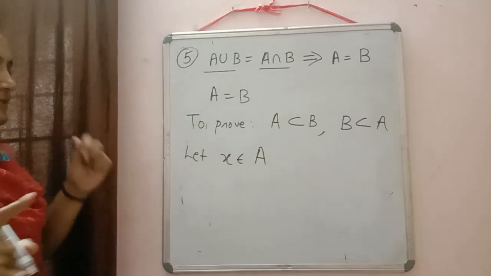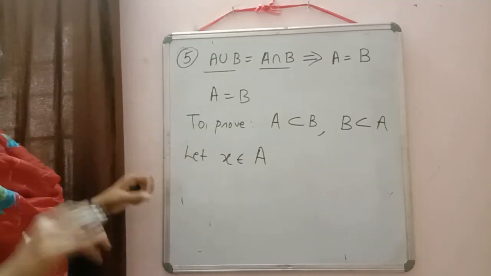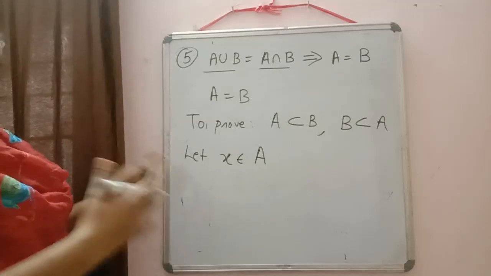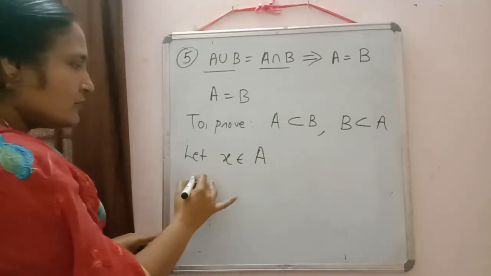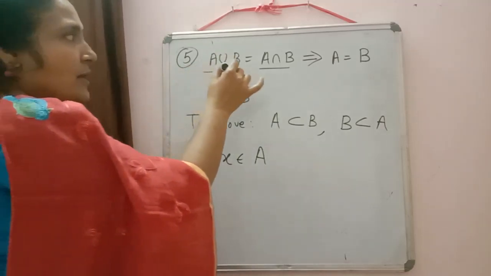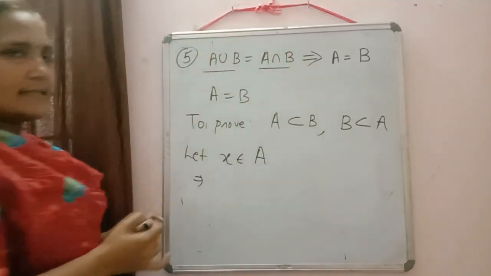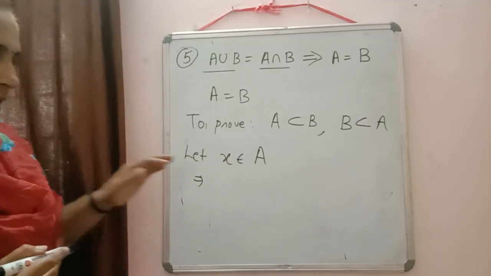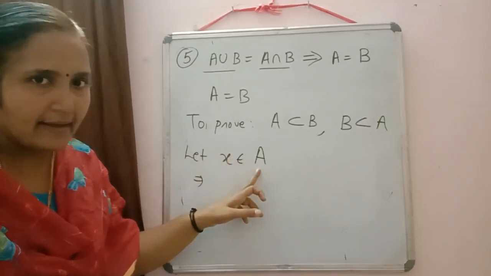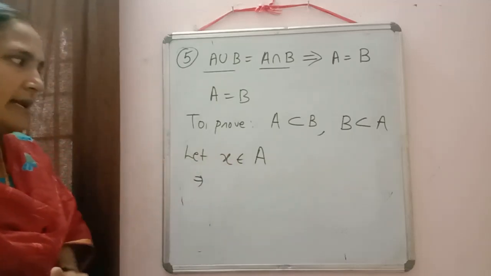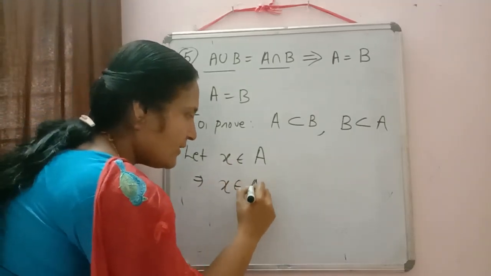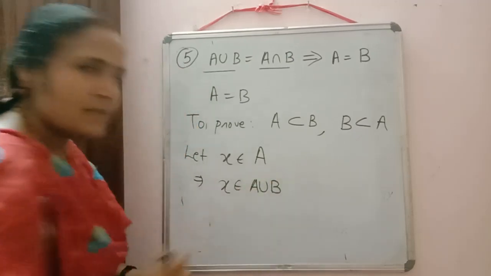Okay. Now just to check here, X belongs to A. Only this information I have. So how I will proceed from this information? So to proceed, they gave this information here: A union B is equal to A intersection B. X is an element which belongs to set A. Now from here, can I say X belongs to A union B also?